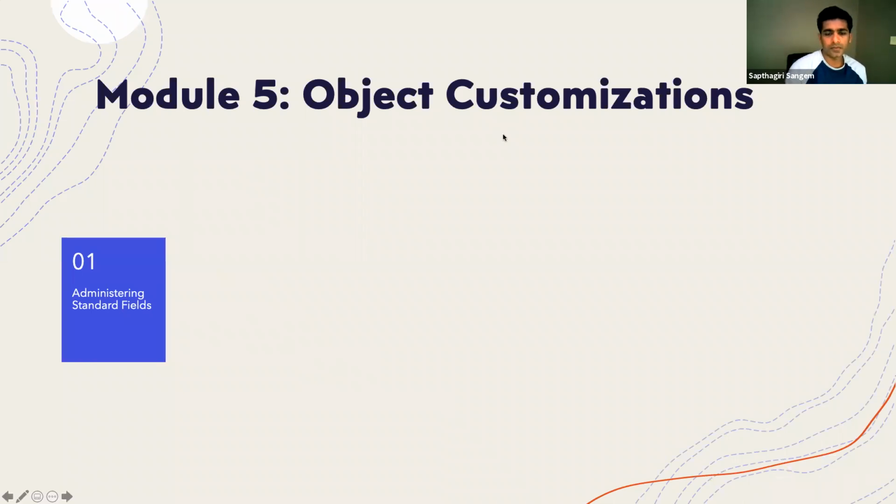Module 5. Here we talk about object customization. By default, the org that we created came with some standard objects: account, contact, opportunity, lead, and a few other objects.